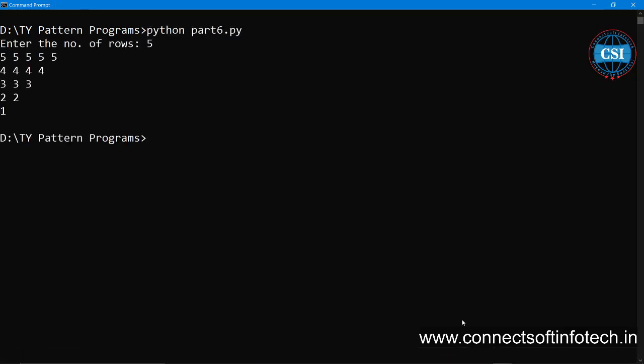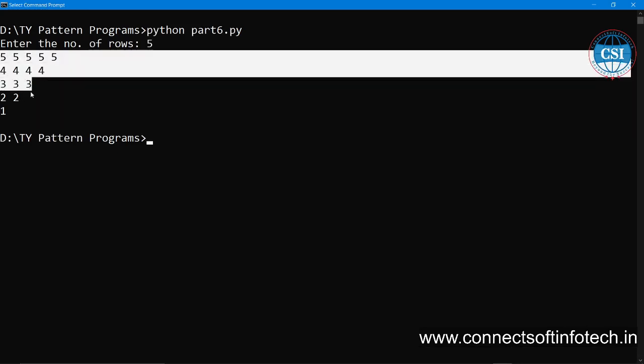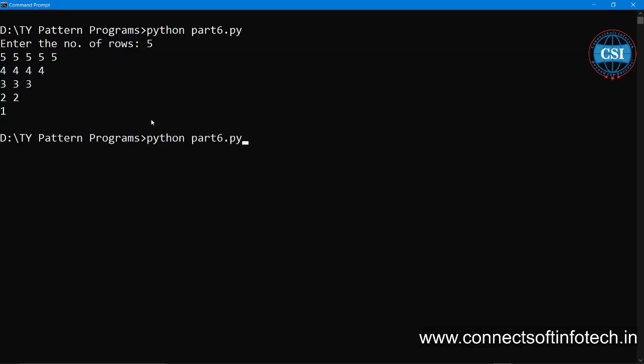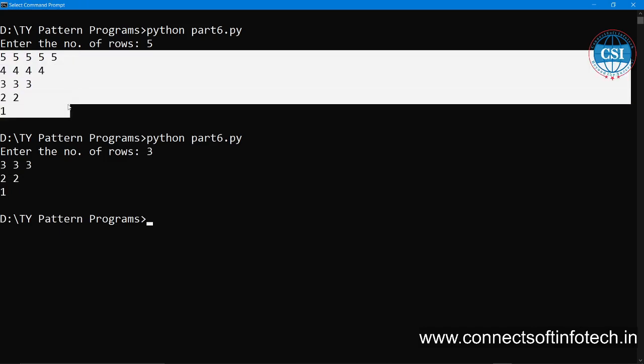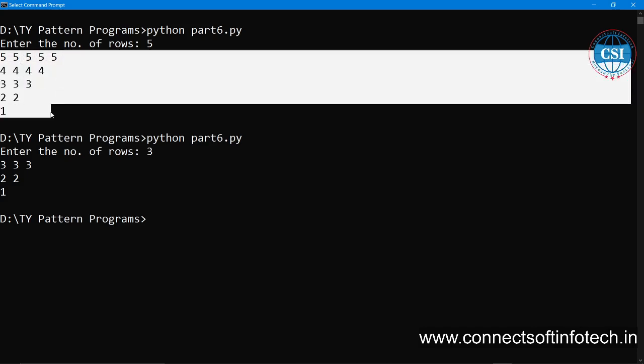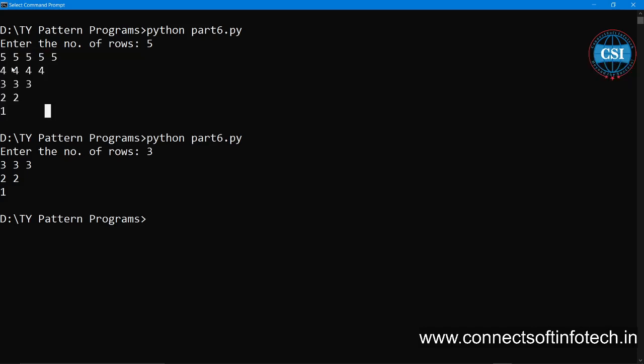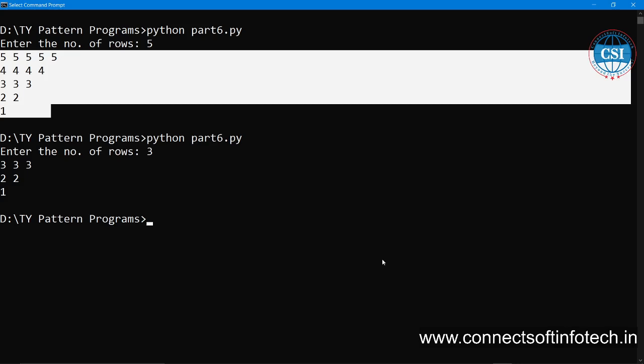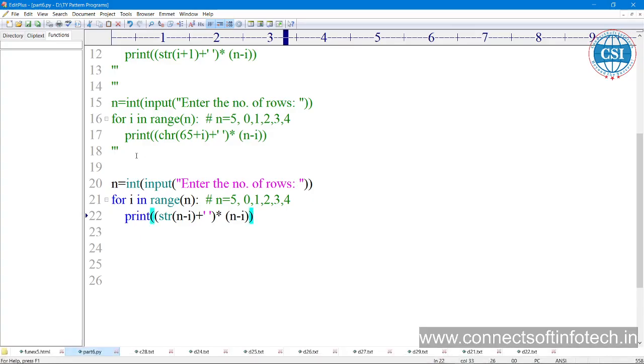Yes, we are getting the perfect output: 5, then 3 3 3, 2 2 2 and 1. This is an inverted right angle triangle with digits pattern, a decreasing pattern.